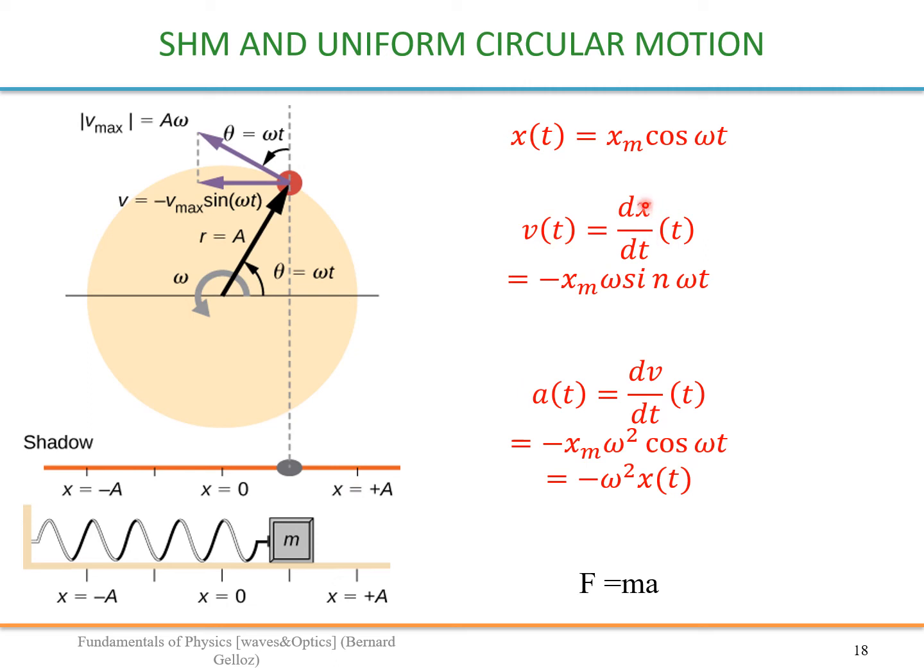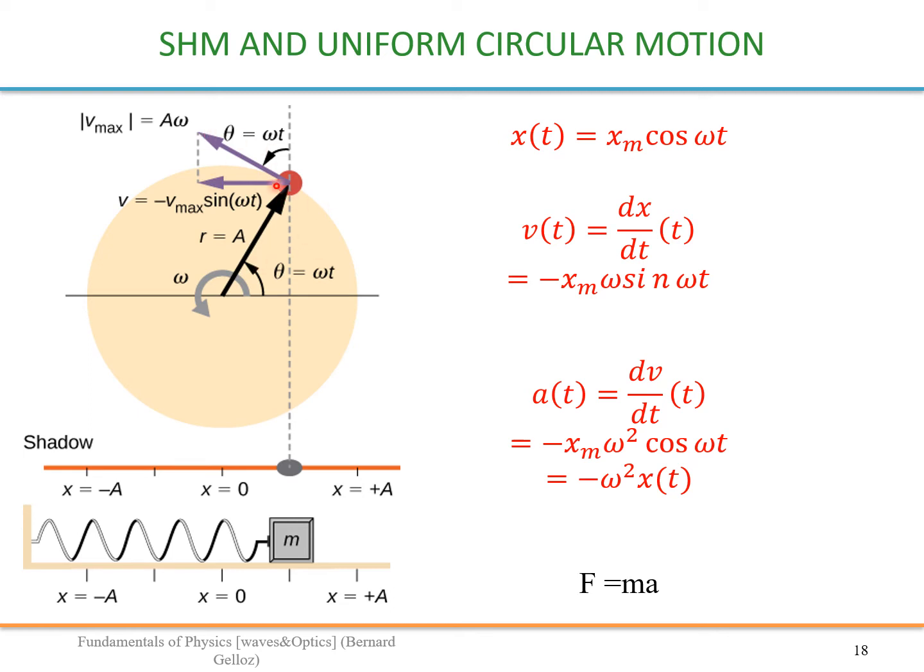The speed will be dx/dt, so it will be minus x_m omega sine omega t. And you can check that indeed it is the horizontal component of the speed here.